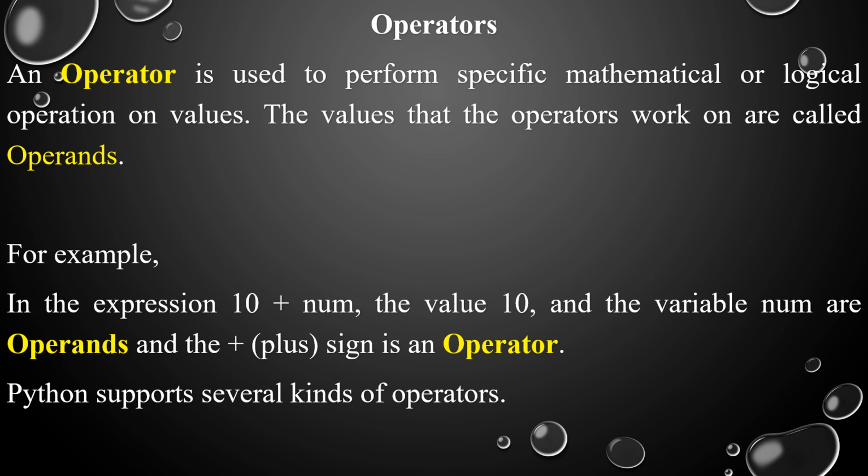As an example, consider the expression 10 plus num. Here the value 10 as well as the variable num are called operands, and the symbol plus is called the operator. The operator is used to perform a specific mathematical or logical operation on the values.